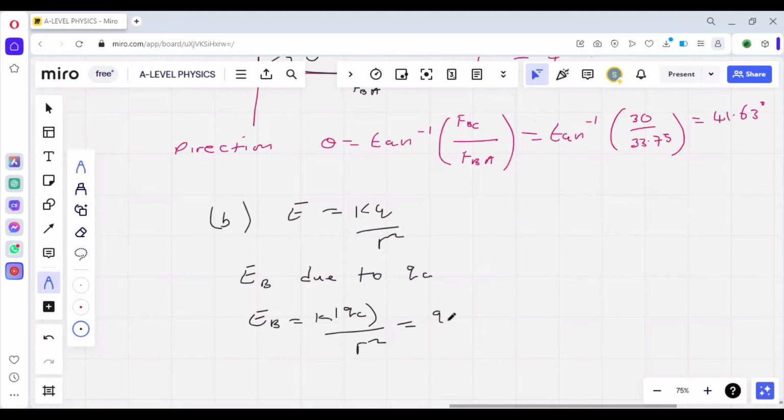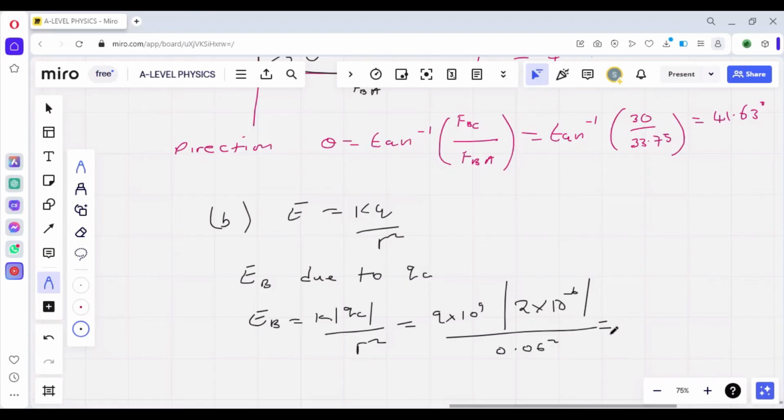So that will be K, which is 9 times 10 power 9, times the magnitude of charge C. Charge C is 2 microcoulombs, so that is 2 times 10 power negative 6, over the distance, which is 0.06 squared.